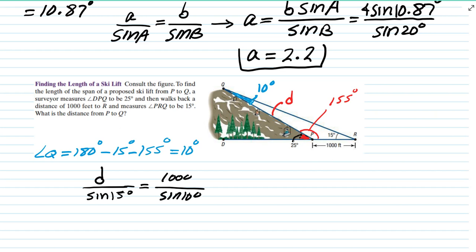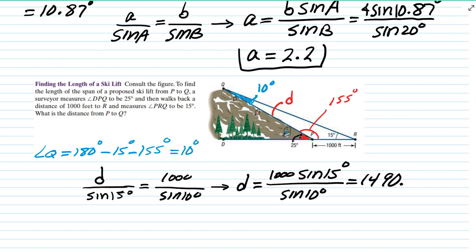Multiply both sides by sine 15 degrees, and we get 1,000 sine 15 degrees divided by sine of 10 degrees, and that's going to equal 1,490.48 feet. So that will be the distance, or the span as it calls it, the length of the span of that ski lift. And there we have that one.